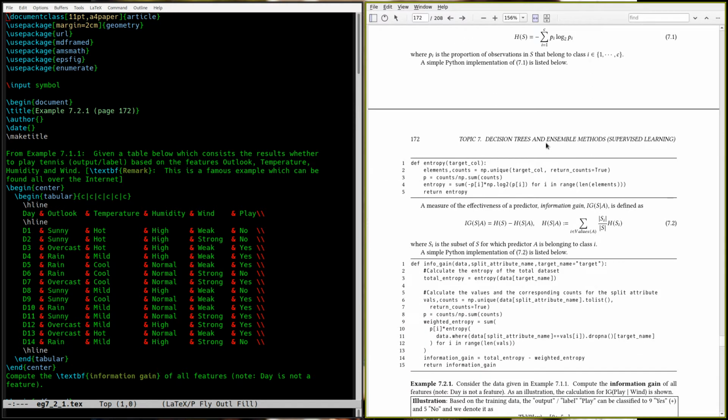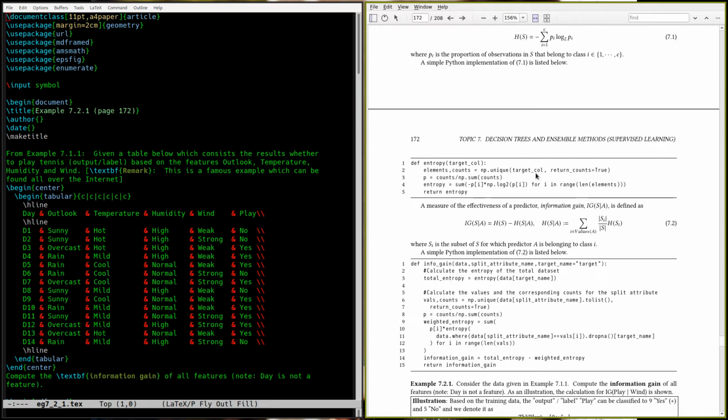In Python it's rather easy to implement. For entropy, I should probably call this function splitting. NumPy has something called unique, which helps you categorize. In R it is called table.